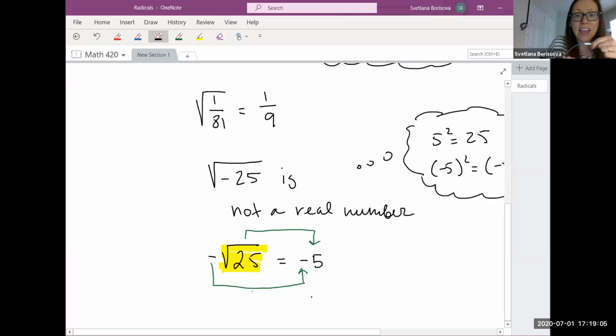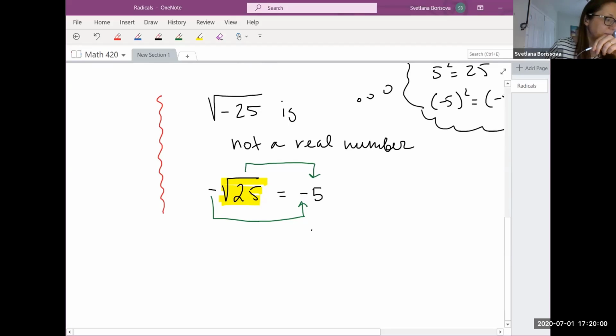So in this case, the answer is negative 5, but you see the difference, right? The negative sign and the square root can be separated. So that's how we're going to look at the examples where we have negative signs present along with a square root. The negative sign being inside versus outside makes the difference.